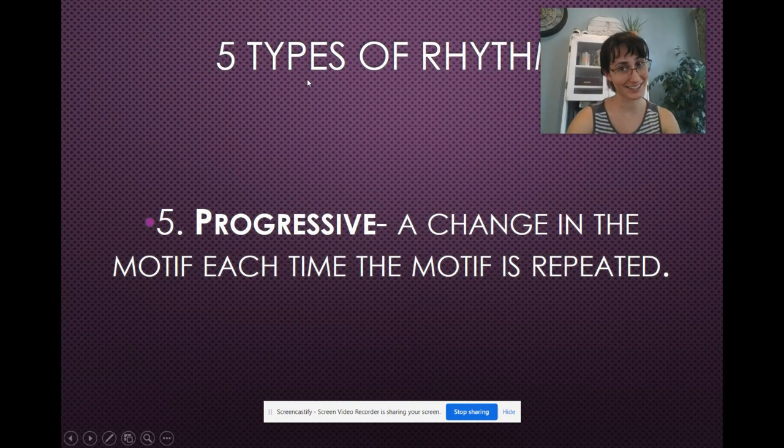All right, and last one, but I will say probably the most difficult. Progressive rhythm is when there is a change in the motif, so the design, each time the design is repeated. Write it down: a change in the motif each time the motif is repeated. So what does that look like?